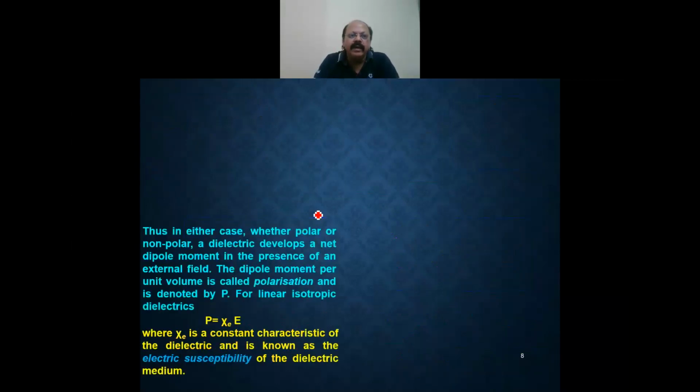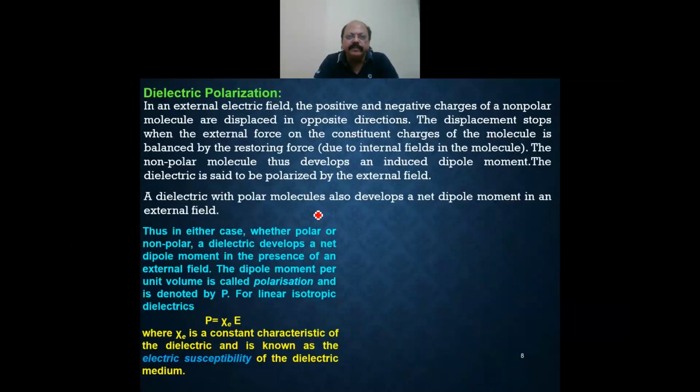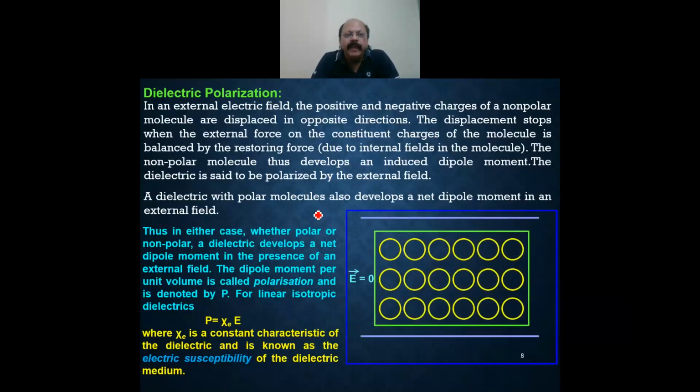Now come to dielectric polarization. For dielectric polarization, we take a non-polar molecule, that is, a molecule in which the center of positive charge and the negative charge coincide. So the net dipole moment is 0.